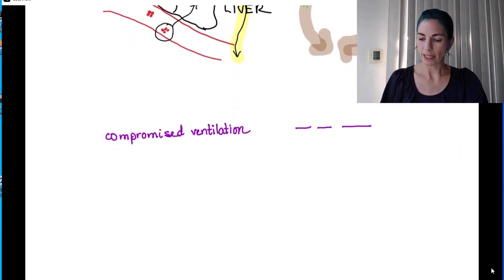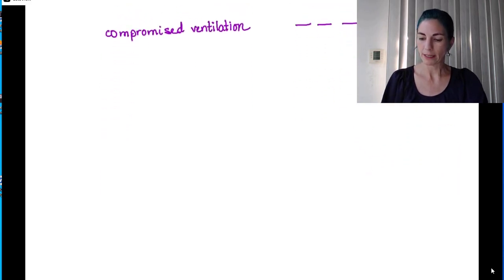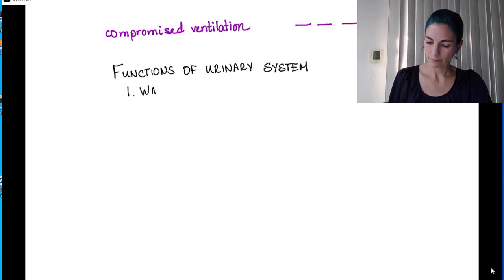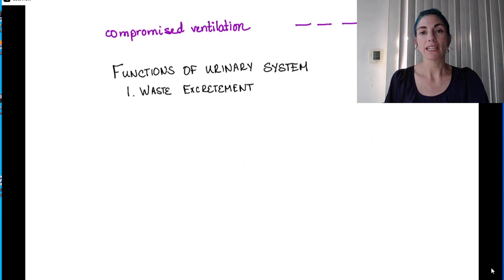What are some functions of the urinary system? All right, waste excretion is certainly a big one.